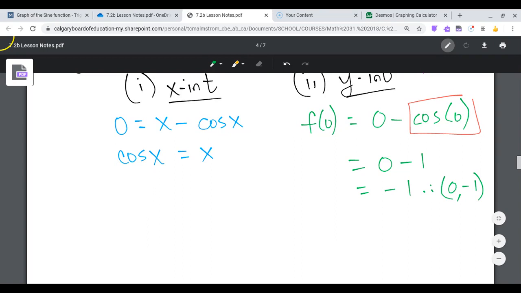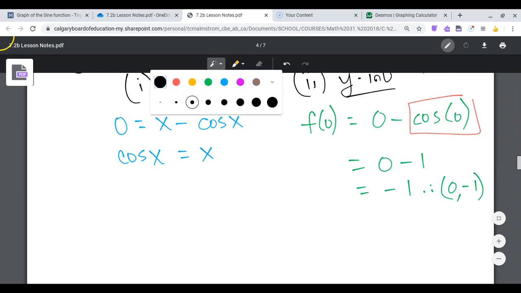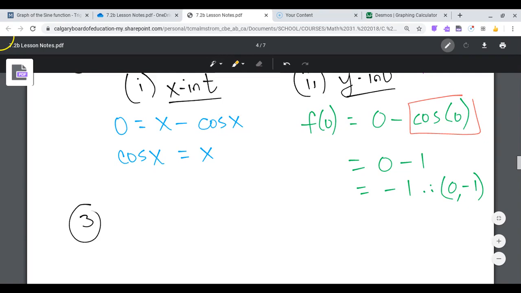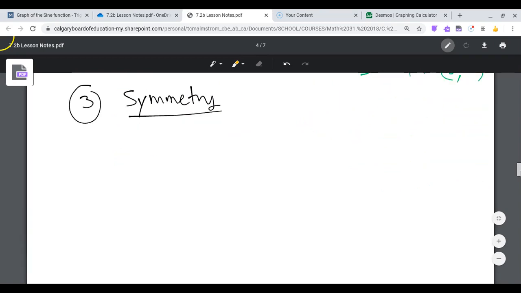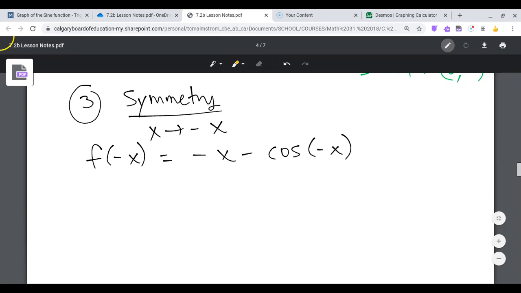All right, what's the third thing we're going to look at? We're going to look at symmetry next. Okay, so remember, we're going to replace x with negative x and see what's happening in our function, if we can figure anything out. So f of negative x would be negative x minus cos of negative x.